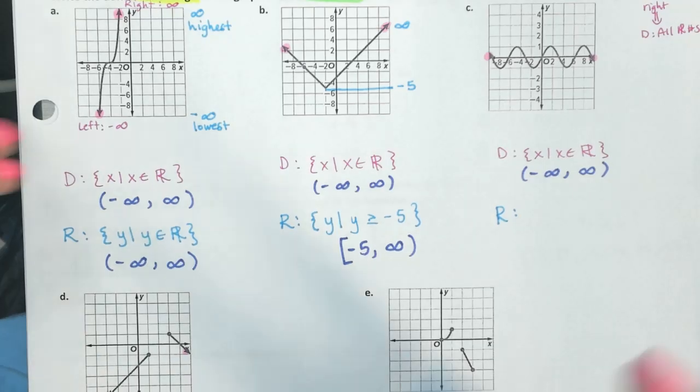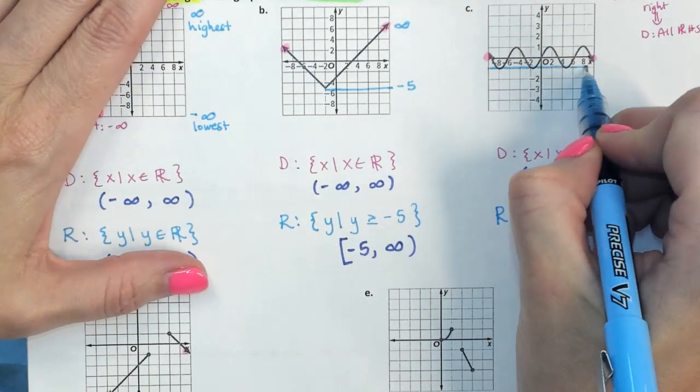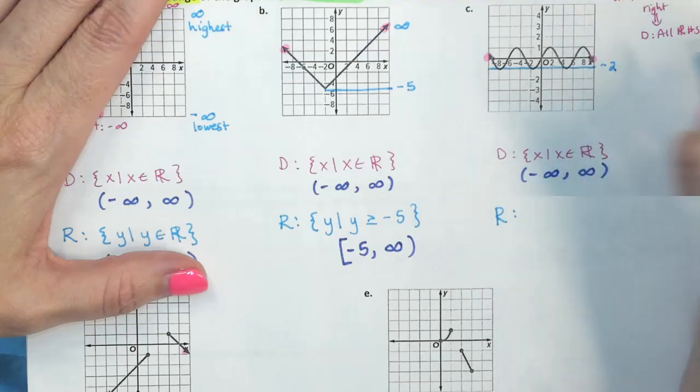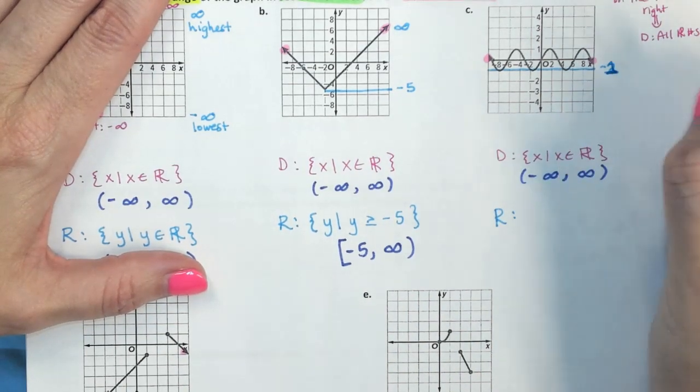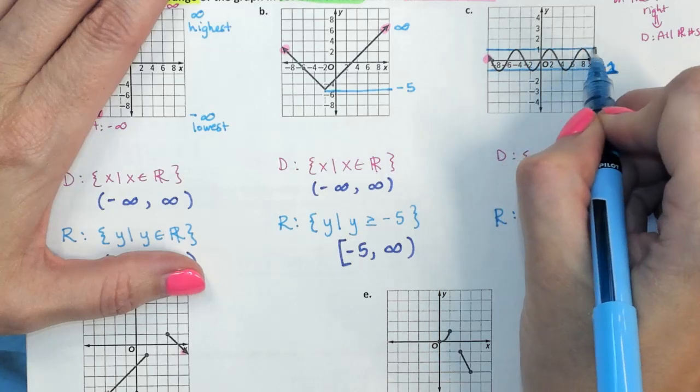All right, so the lowest value is what? -1. Sorry. The highest value is 1.